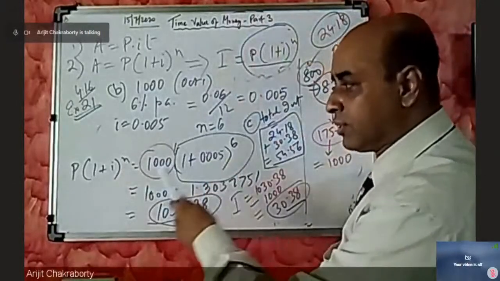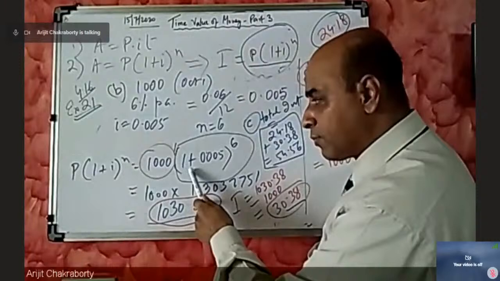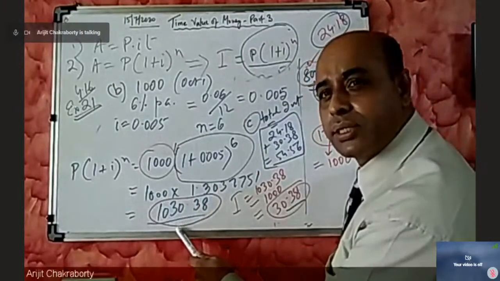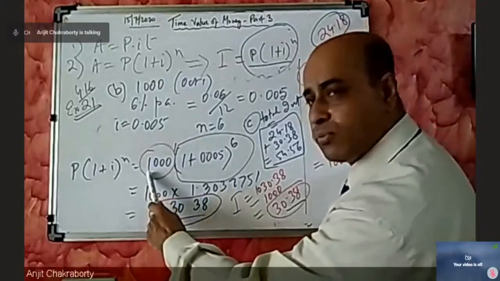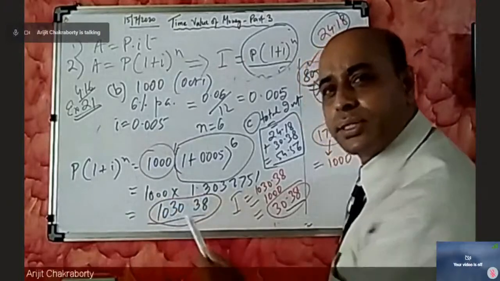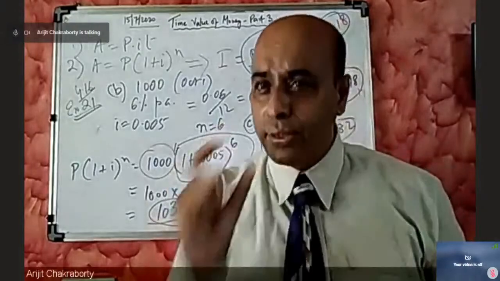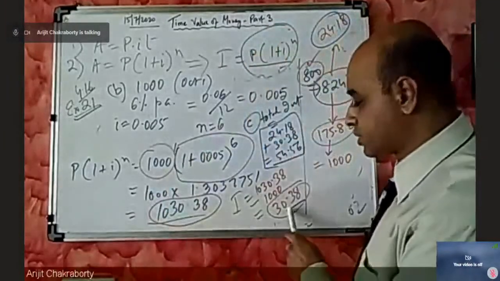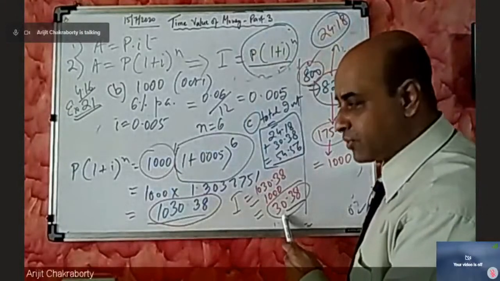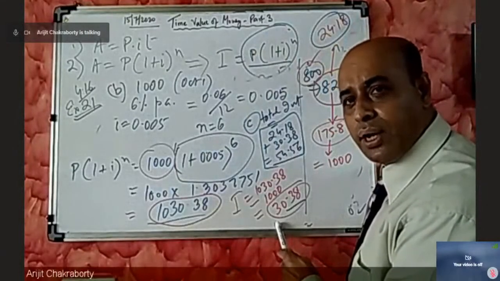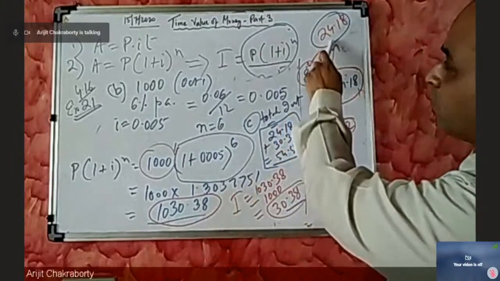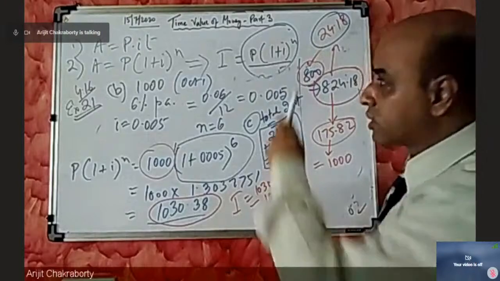So the formula was 1000 into 1 plus 0.005 to the power 6. We got 1030.38. He started with 1000 and got 1030.38. The difference is nothing but the interest, which is 30.38. So this is the interest he received on 31st of March, and 24.18 was the interest he received on 1st of October.